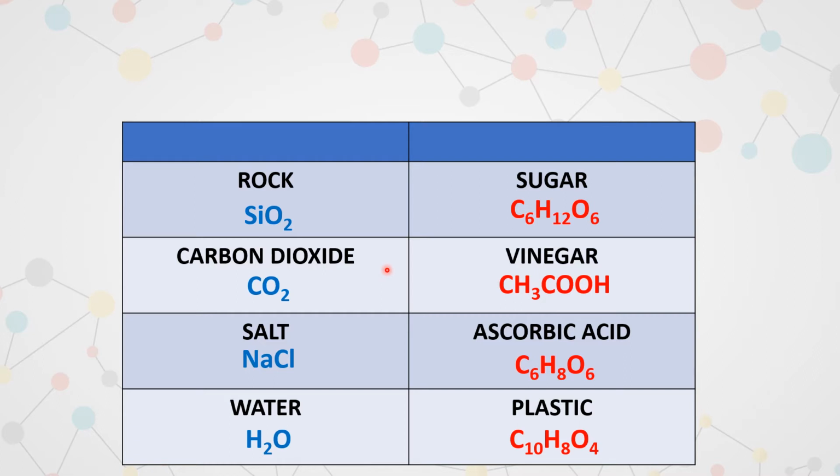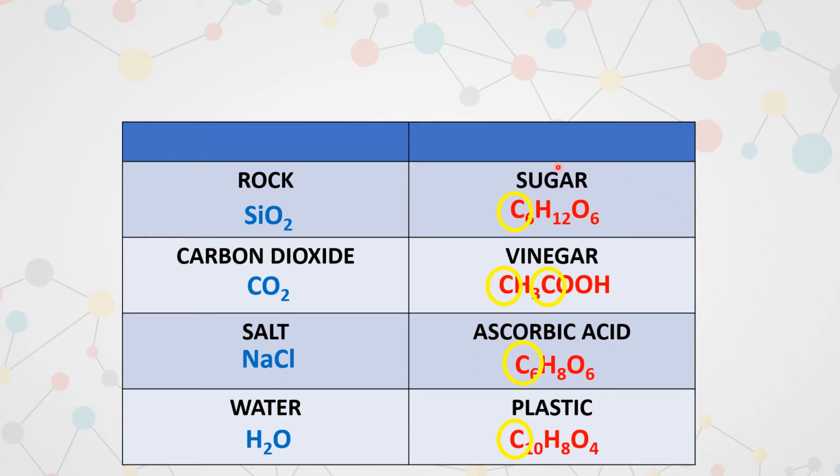Now, why do I divide those compounds into two groups? If you are going to observe, these groups here are mostly composed of carbon. And these compounds that are composed of carbon are considered to be organic compounds.